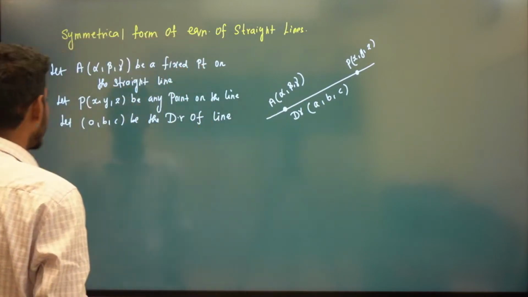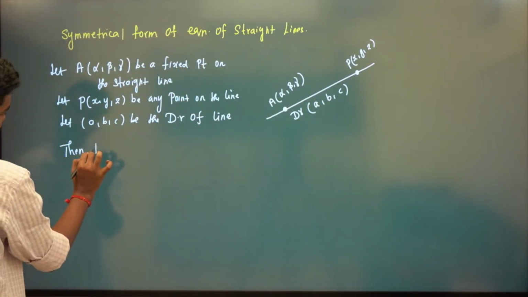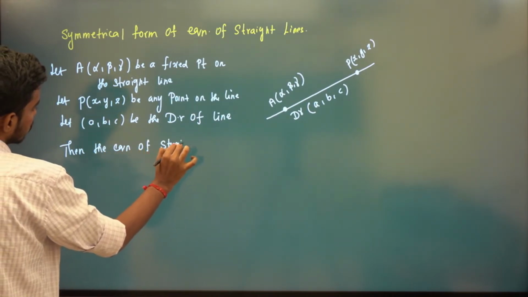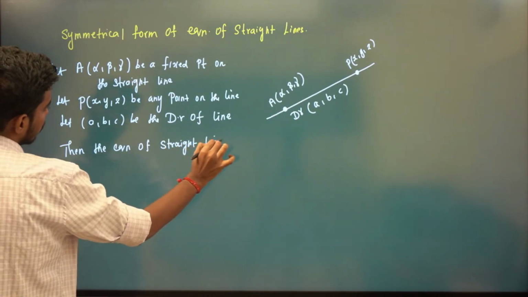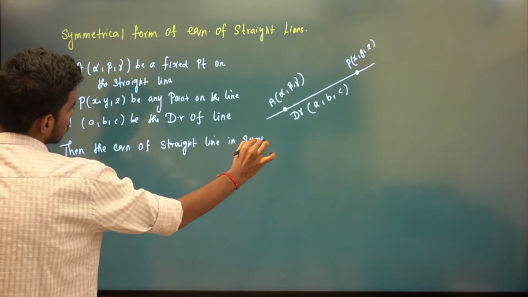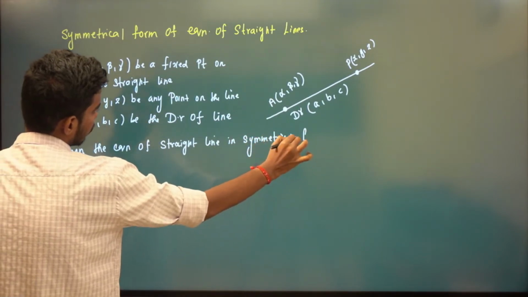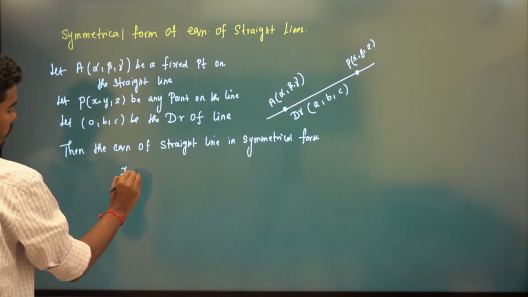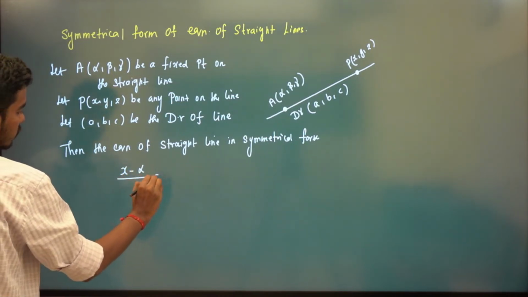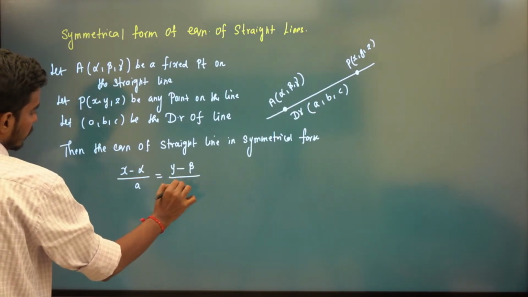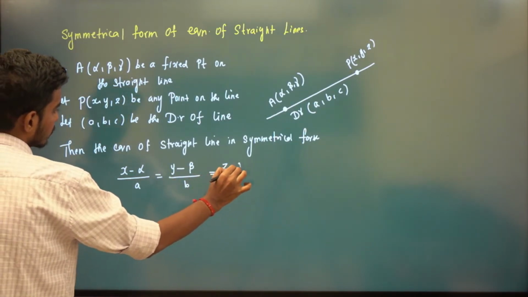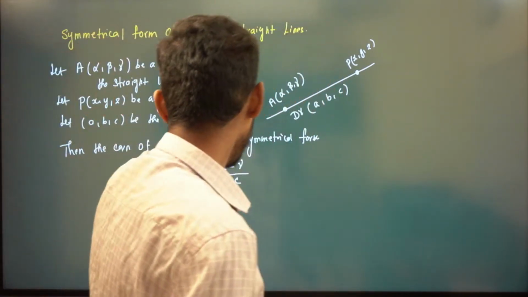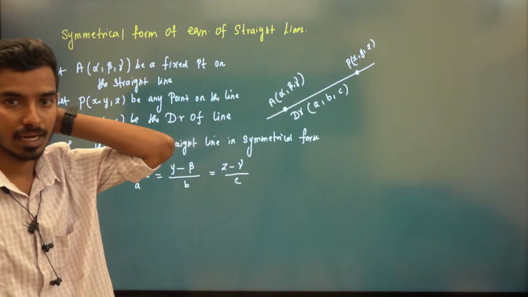Then the equation of straight line in symmetrical form is given by, very easy, x minus alpha divided by a equals y minus beta divided by b equals z minus gamma divided by c. Here a, b, c is the direction ratio of the line, and alpha, beta, gamma is any fixed point on the line.